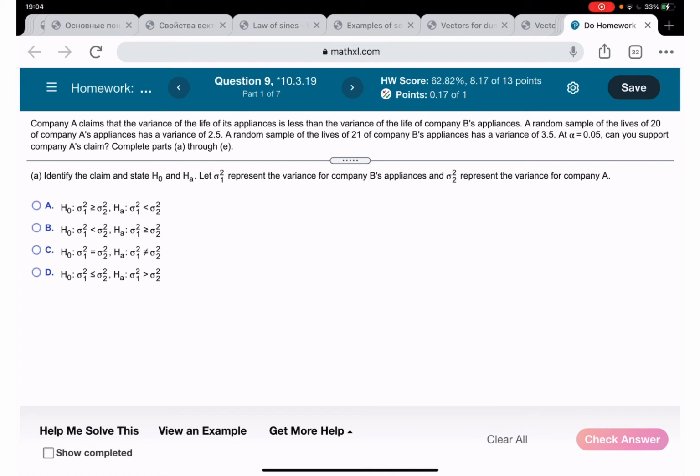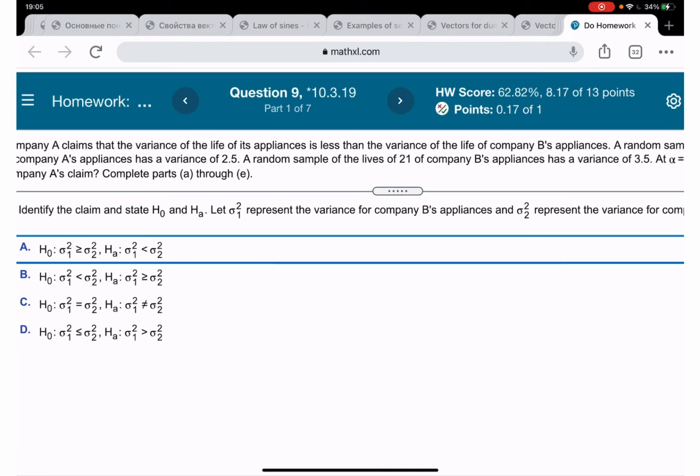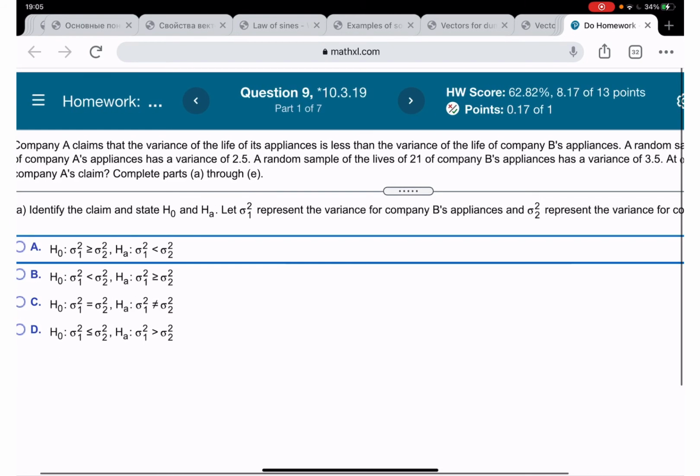Okay, first of all, we know that the claim is the null hypothesis if it carries the equal sign. So let's understand what our claim is. It says company A claims variance is less than the variance for company B. The variance of company A is 2.5, and for B the variance is 3.5.